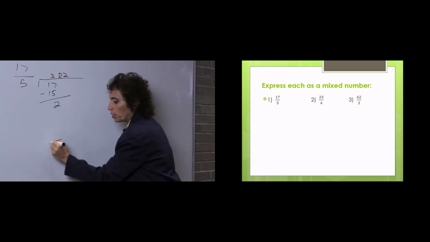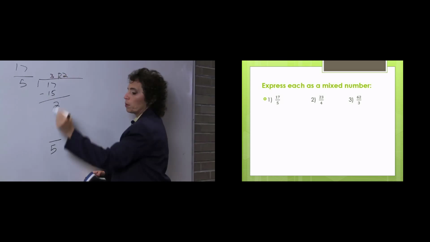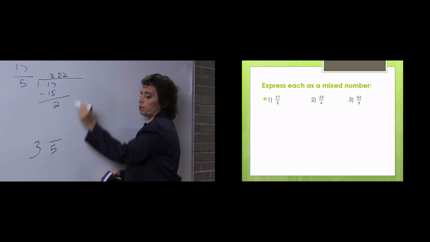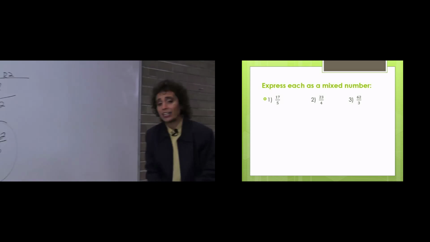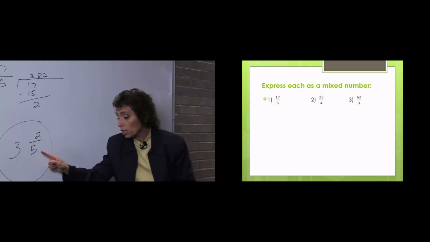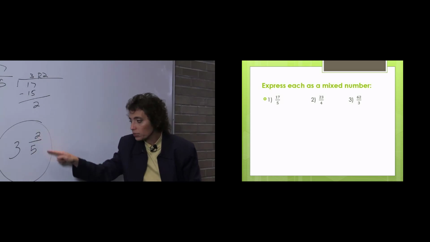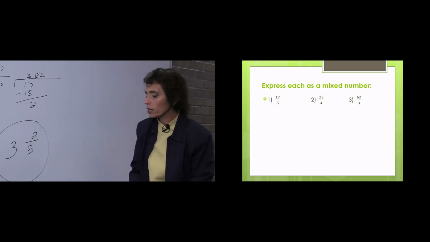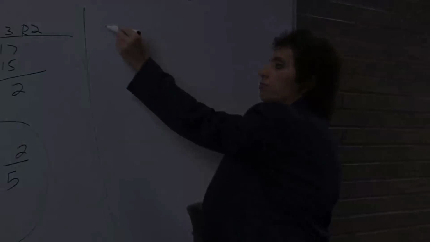So here's what I know. My denominator is going to be 5. My whole number part is 3. My remainder is 2. So 17 fifths is 3 and 2 fifths. I could check myself. Watch me check myself. 5 times 3 is 15, plus 2 is 17, 17 fifths. So it might be a good idea to check. Okay, so if you'd work on the other 2, and then we'll look at it together.